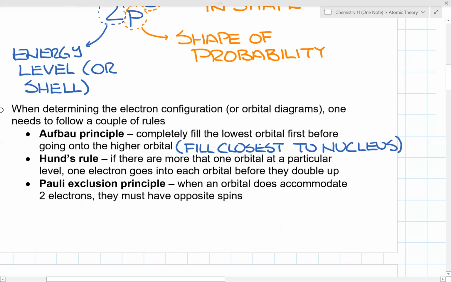Okay. Hund's rule: if there's more than one orbital at a particular level, one electron goes into each orbital before they double up. And the Pauli exclusion principle says that when an orbital does accommodate 2 electrons, they must have opposite spins. What does that do? It reduces repulsion.